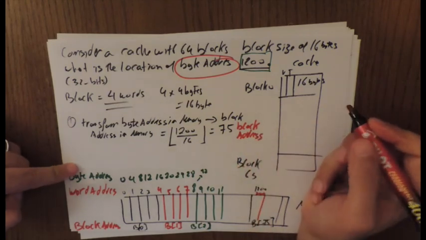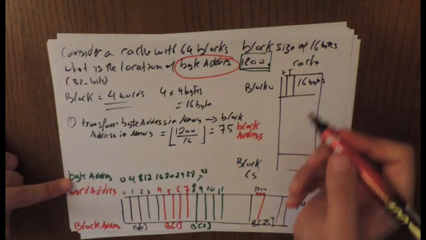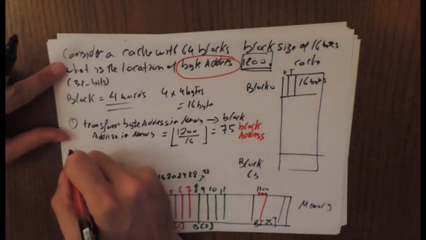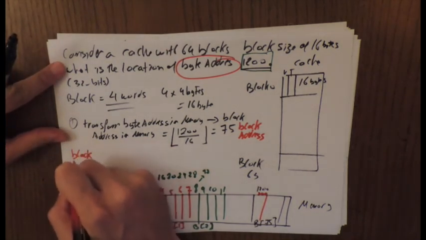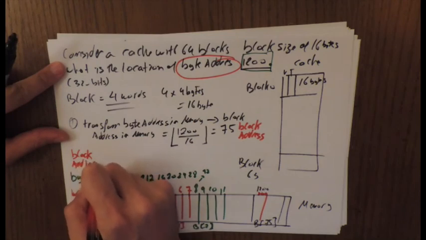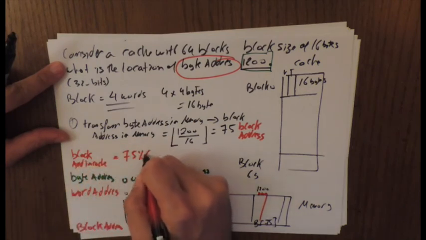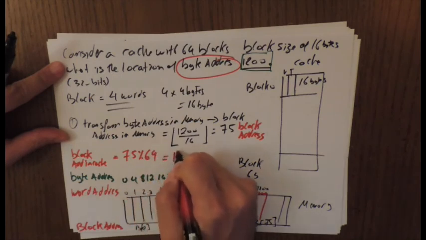Now to check where this fits in the cache, block address in cache is equal to 75 mod 64, which is 11.